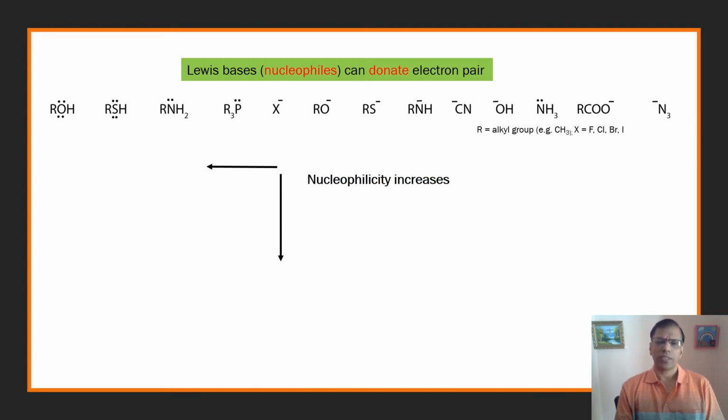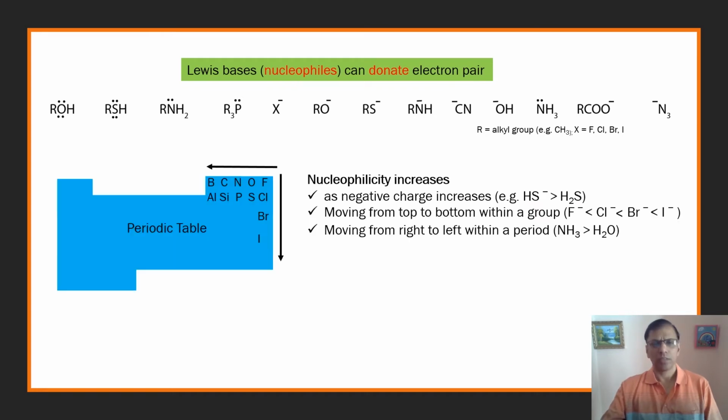So the nucleophilicity will increase as negative charge increases. So a neutral molecule is always going to be less nucleophilic than an anion. As you move from top to bottom of the periodic table within a group, then the nucleophilicity will keep increasing.